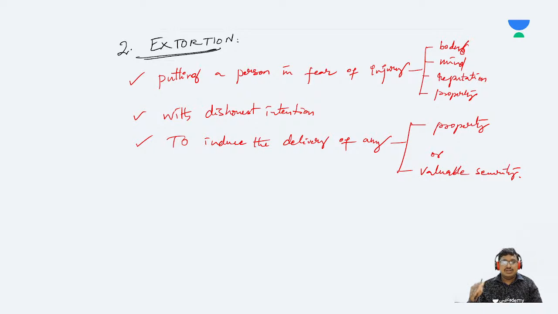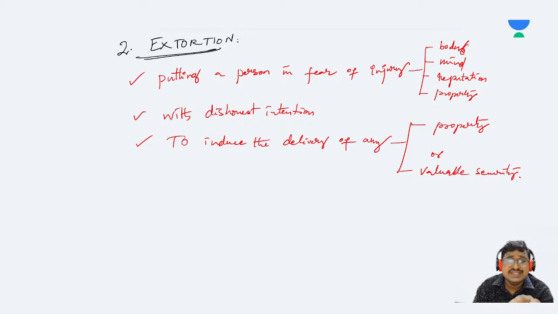Or the accused is putting another person in fear of injury to property. By putting a person in fear of injury with a dishonest intention, the accused induces the other person to deliver any movable or immovable property or a valuable security.